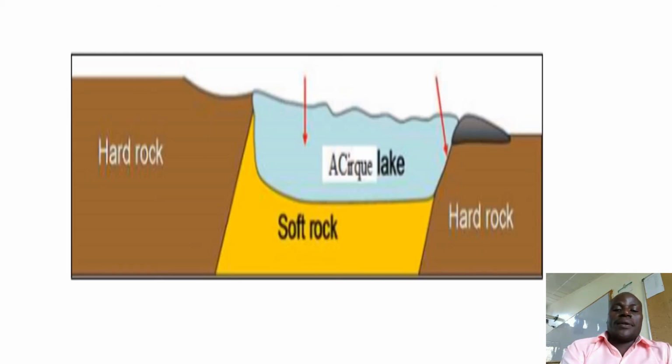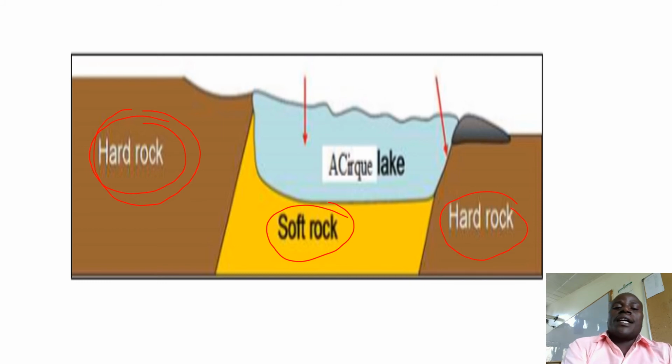If you check on this diagram, this is a glacial region. The diagram illustrates a glacial region with a hard rock. Maybe this is a slope of a glacial mountain. This part is hard. This part is soft. This part is hard.